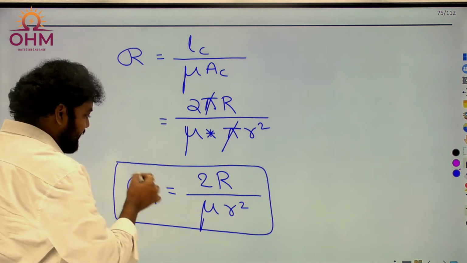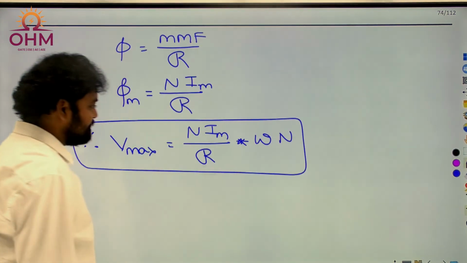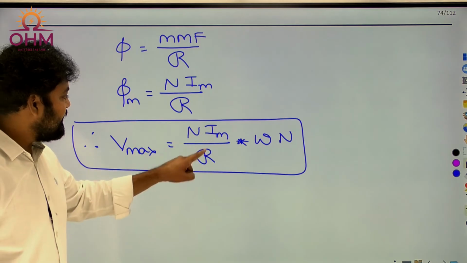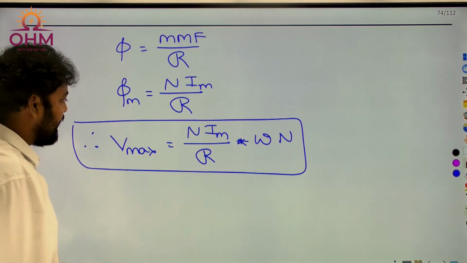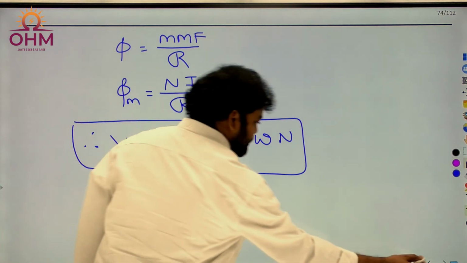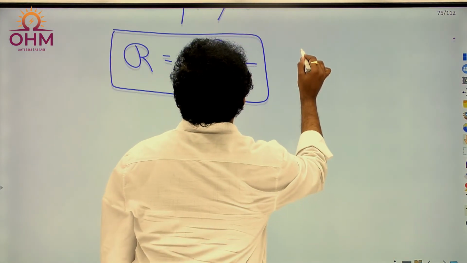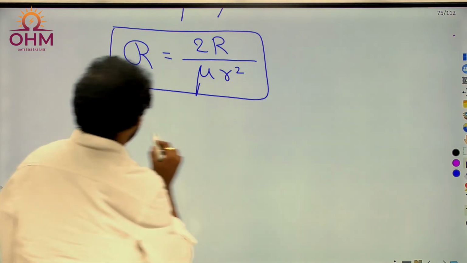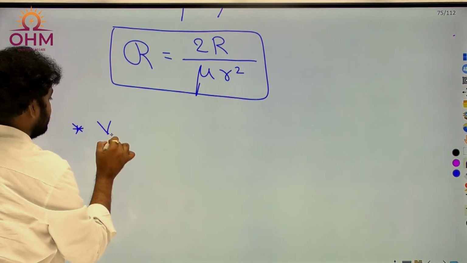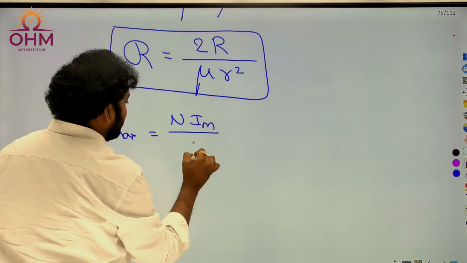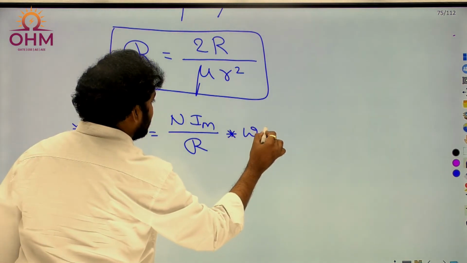Now substitute this reluctance in the previous formula that we developed. What is the previous formula? Vmax is equal to n into Im divided by reluctance, into omega n.